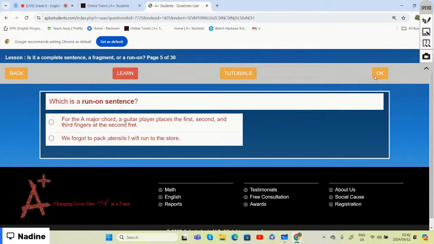So option 1, for the A major chord, a guitar player places the first, second, and third fingers at the second fret. Or option 2, we forgot to pack utensils. I will run to the store. Which one is correct?